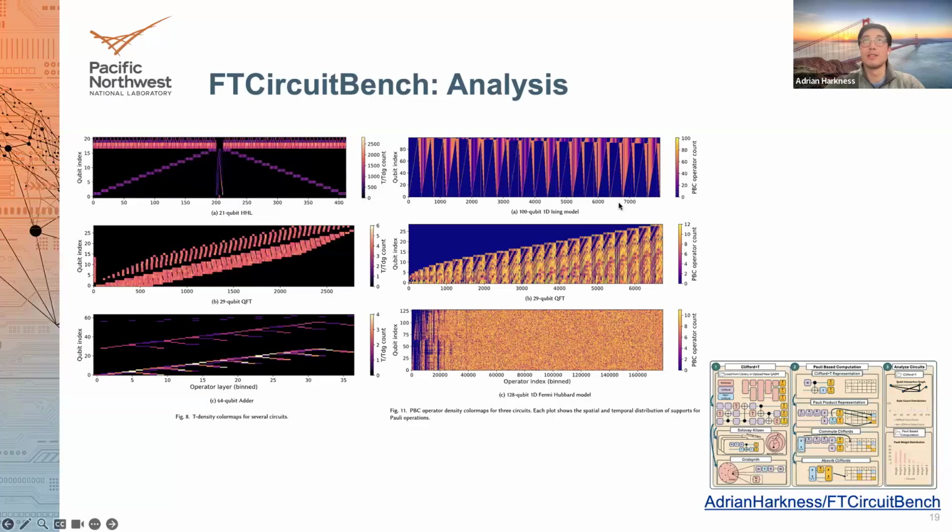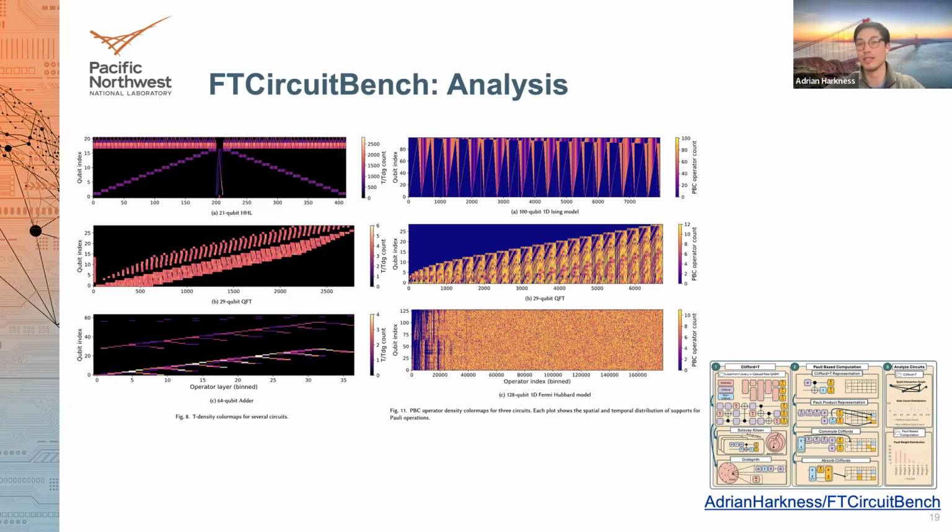Over on the PBC representation to the right, we use the color bar to represent any non-identity operator. So it's an analog of what we're doing with the T gates, but now it's the supports of our generalized T rotation operations.